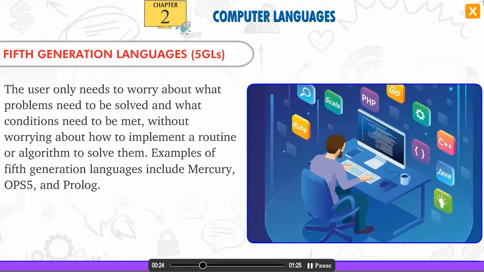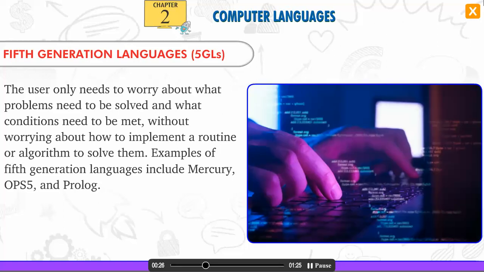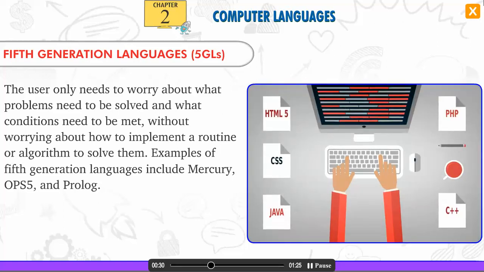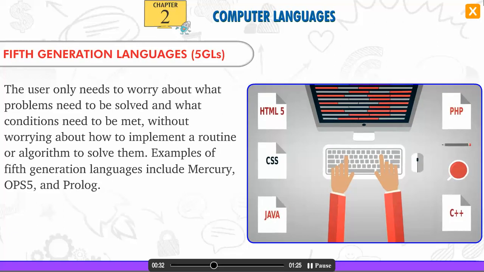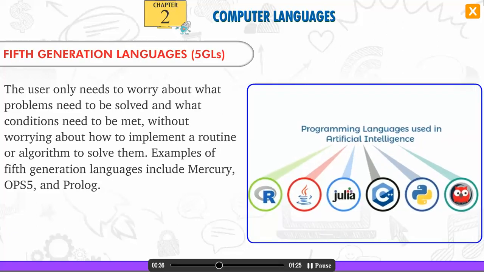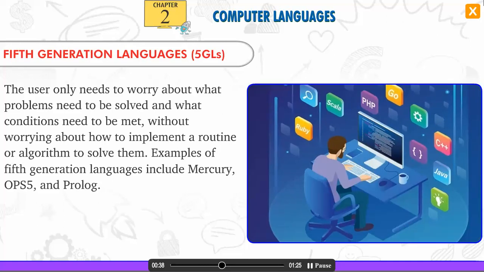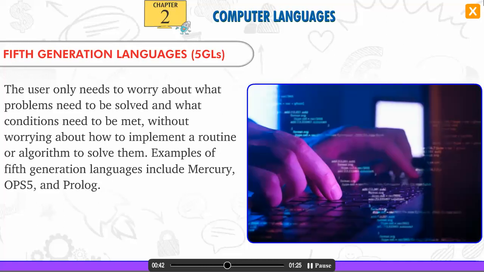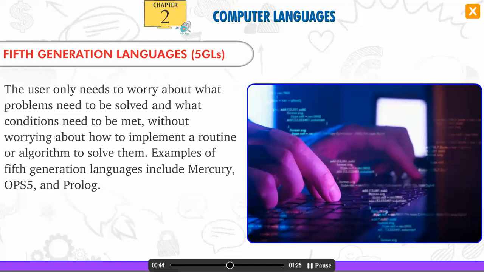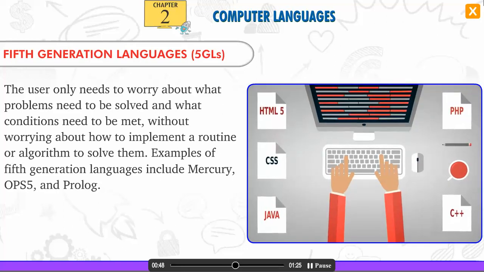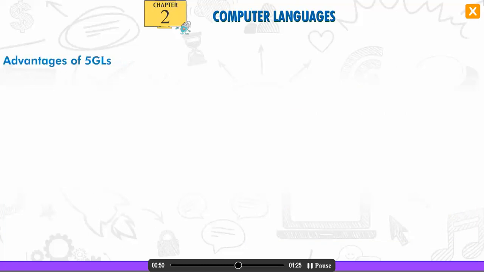The user only needs to worry about what problems need to be solved and what conditions need to be met, without worrying about how to implement a routine or algorithm to solve them. Examples of fifth generation languages include Mercury, OPS5 and Prolog.